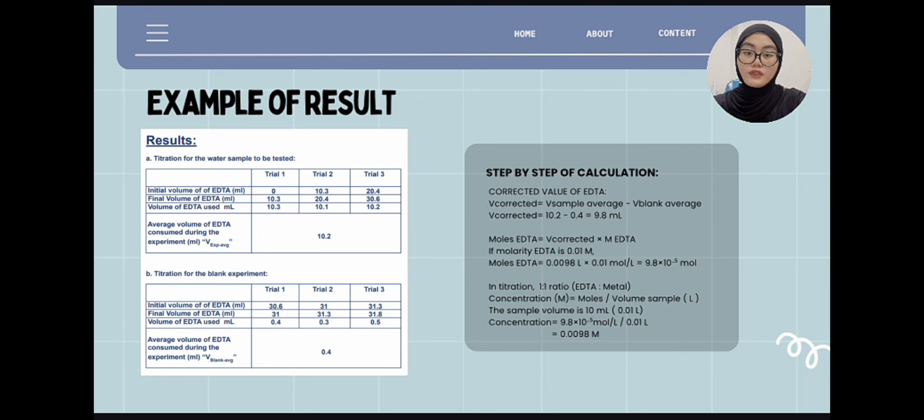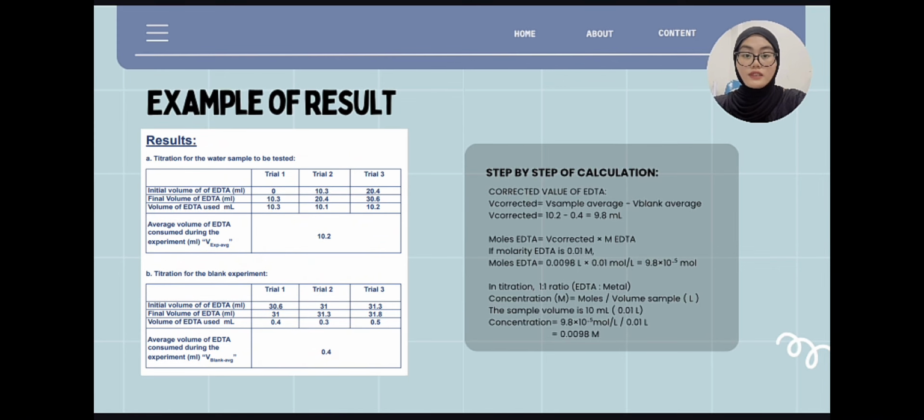For the concentration formula, moles will be divided by the volume of the sample, which is in liters. The sample volume is 10 ml, and when we change to liters, we get 0.01 liter.